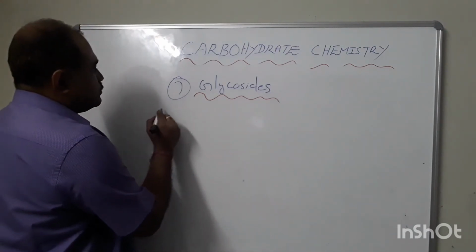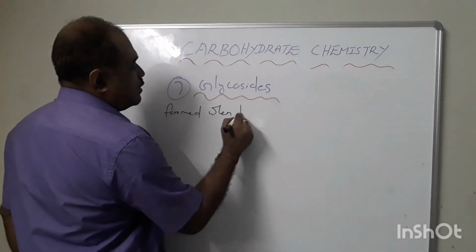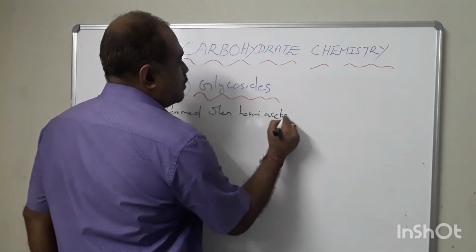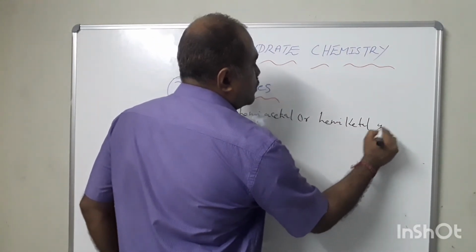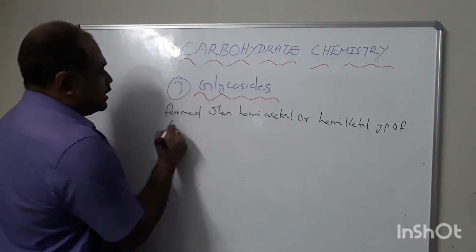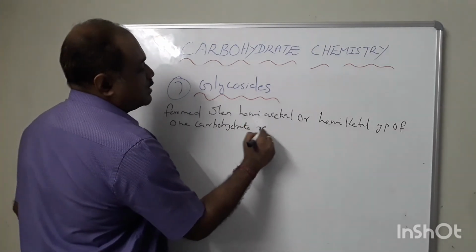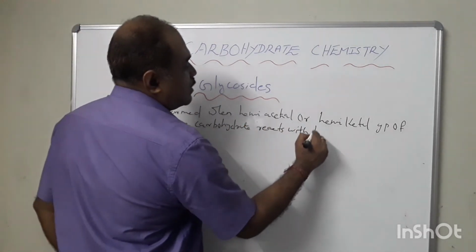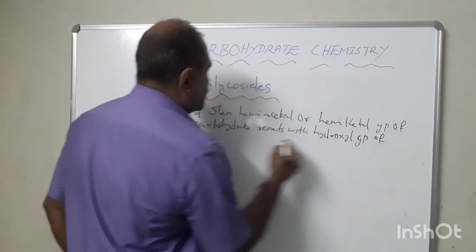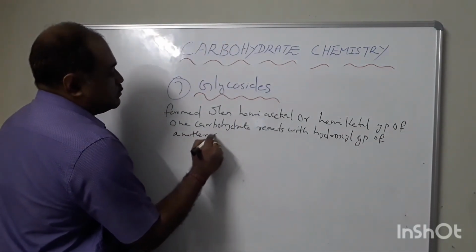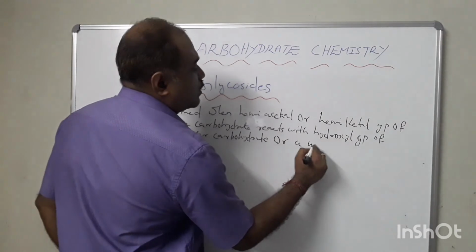Glycosides are formed when the hemiacetal or hemiketal group of one carbohydrate reacts with the hydroxyl group of another carbohydrate or a non-carbohydrate.